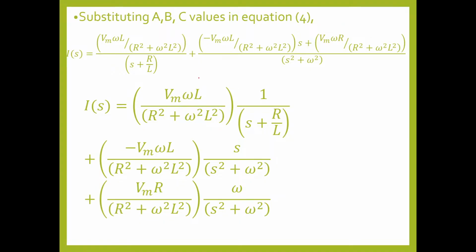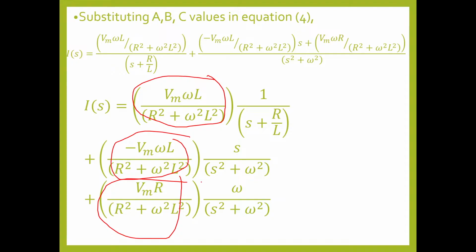Now consider these terms, which were in the numerator, as constants. Now apply inverse Laplace transformation. You will get inverse Laplace of 1 by s plus R by L, which is e power minus R by L t.